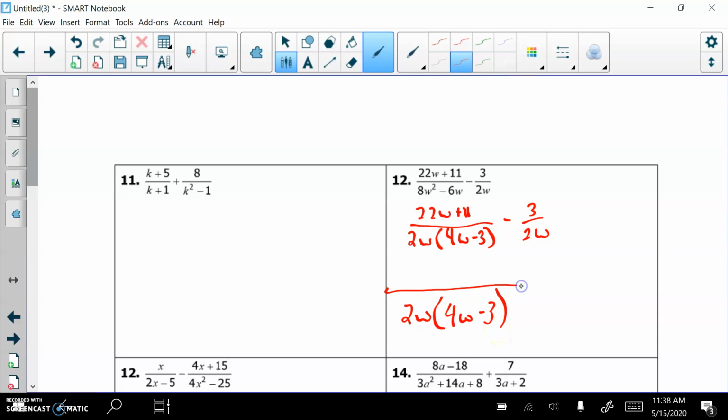That's my common denominator. So this first fraction has everything it needs. So 22w plus 11. Got a minus sign. Hate these, but whatever. I need to multiply that times 4w minus 3.